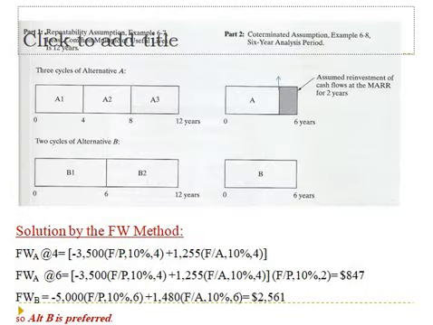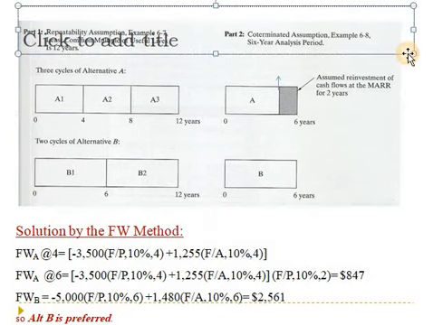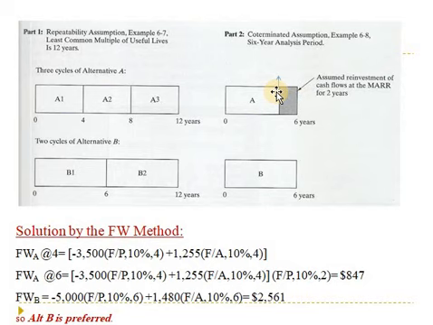Now, we still have one method which is related to the co-termination assumption. Here with this method, I'm going to use the future worth. Okay, so here I do not repeat anything as well. The life of A is 4, but I need to get them into the same value.